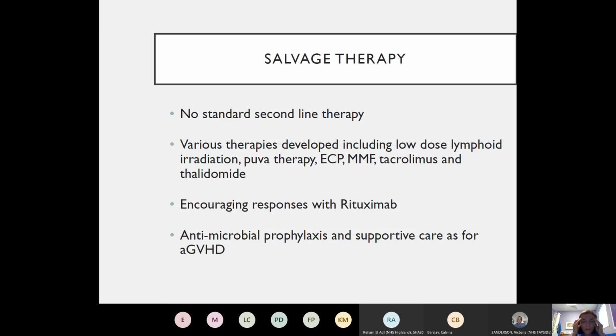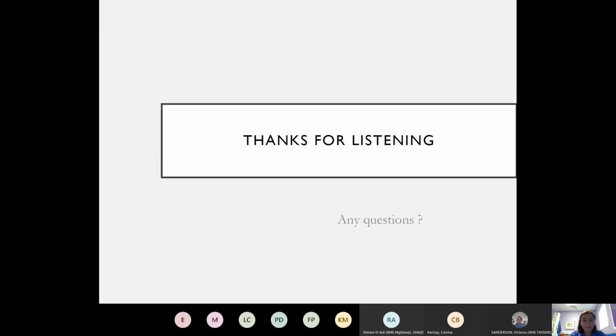We've had some encouraging responses with rituximab, but I think that's not our go-to drug anymore. We're much more enthused by the prospect of ruxolitinib. And we've got to always bear in mind the need for antimicrobial prophylaxis and supportive care, as we would offer in acute GVHD, for those who are burdened with chronic GVHD.